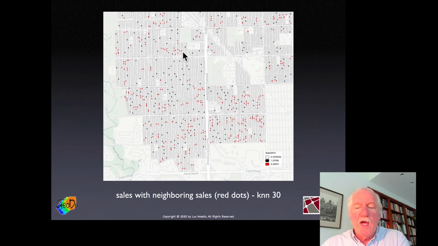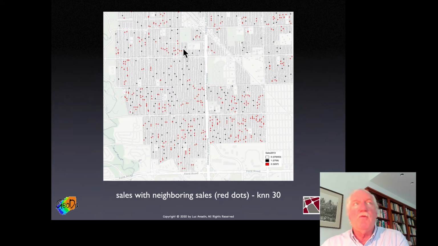So what we're trying to find is, of these red dots, are there configurations, are there groupings that are, in a sense, more clustered than they would be randomly. And in this particular case, it's important to keep in mind that the neighbors are not just the other colored dots, but they include all the uncolored dots, all the parcels that did not have a sale.